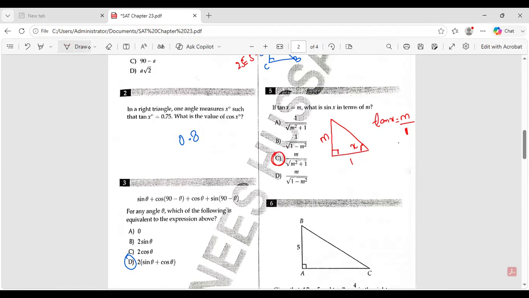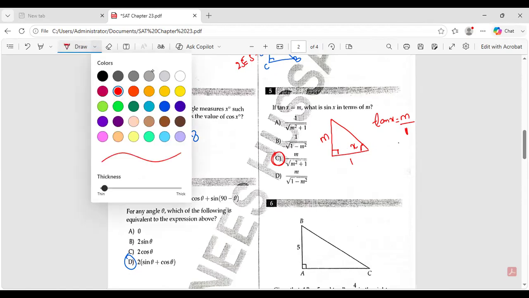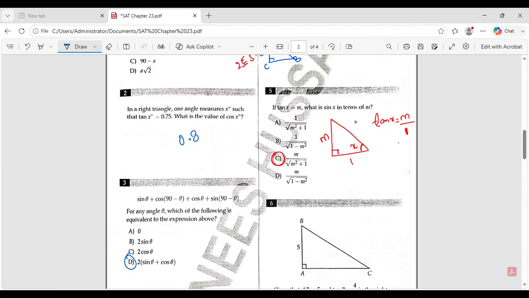Now, first of all, you need to find the hypotenuse to find the value of sin x. So the hypotenuse is the square root of m squared plus 1 squared, which is the square root of m squared plus 1. That is the hypotenuse of your triangle.